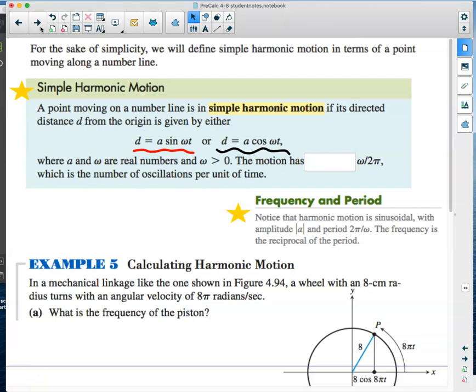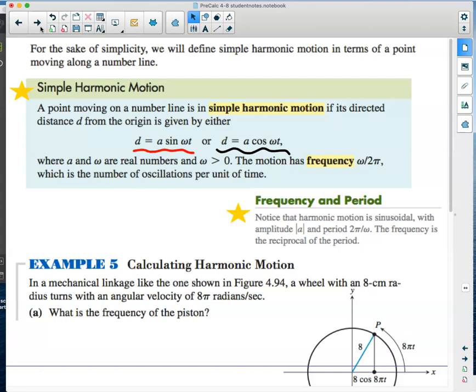And we know the difference between the two because we've talked about it in class: sine starts at 0, on the axis, and cosine starts high. So whenever we start high or low, then we want to go ahead and use cosine. For simple harmonic motion where A and omega are real numbers and omega is greater than 0, the motion has frequency of omega over 2 pi, which is the number of oscillations per unit of time.